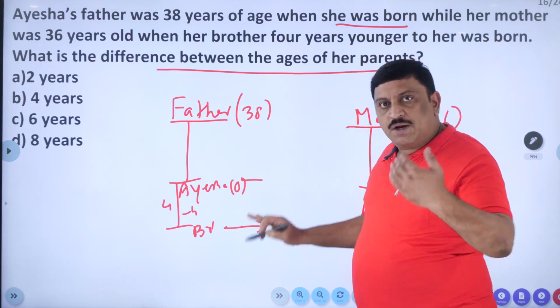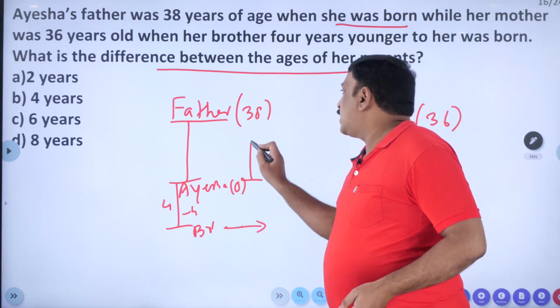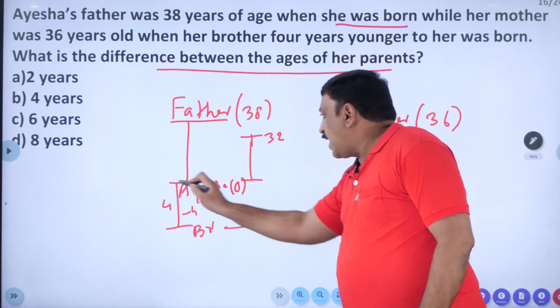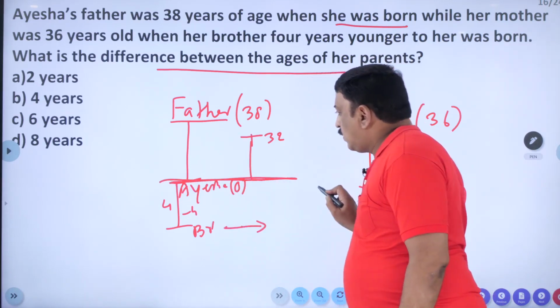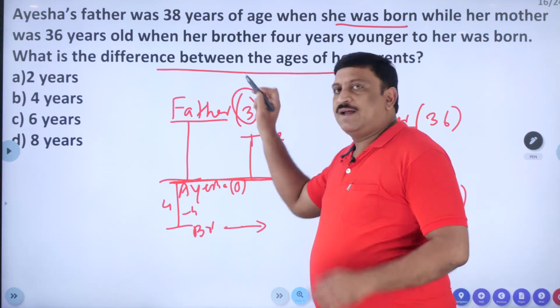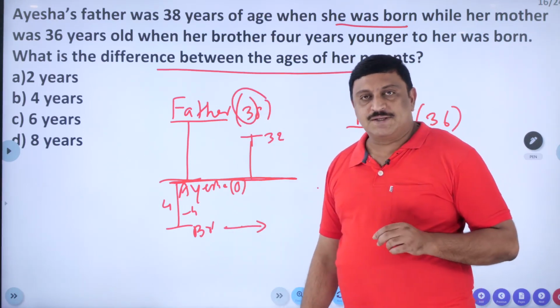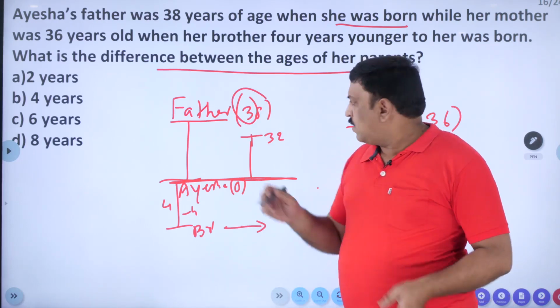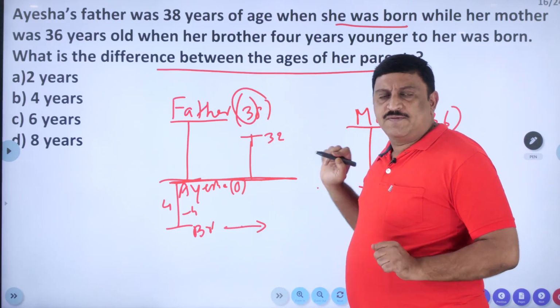She is 36 means 4 plus 32, right? So 32 will be somewhere here. That means by the time Ayesha was born, her mother's age is 32, father's age is 38. How much difference? 6 is the difference. 38 and 32, 6 is the difference.